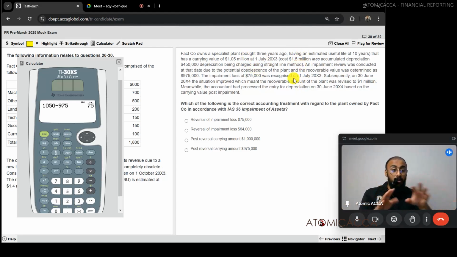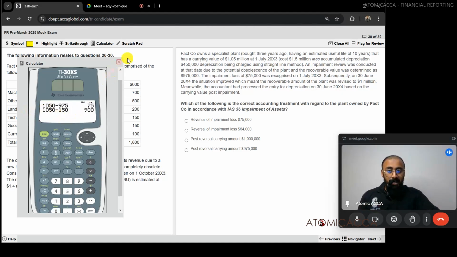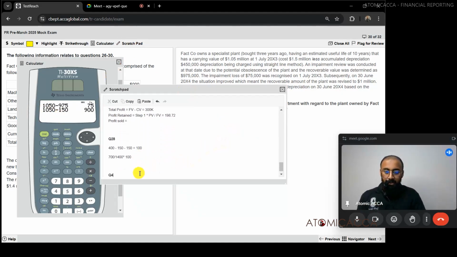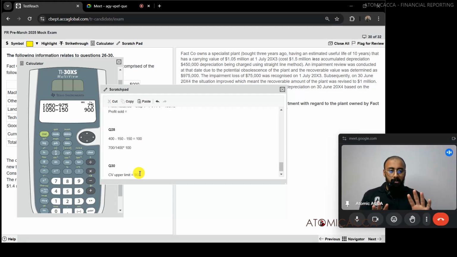So by the year end, the normal carrying value should have been 1050 minus another 150,000. That means carrying value, we'll just write over here, question number 30. So the carrying value upper limit, or max limit, is 900 only. Only up to this limit it will go. Understood?